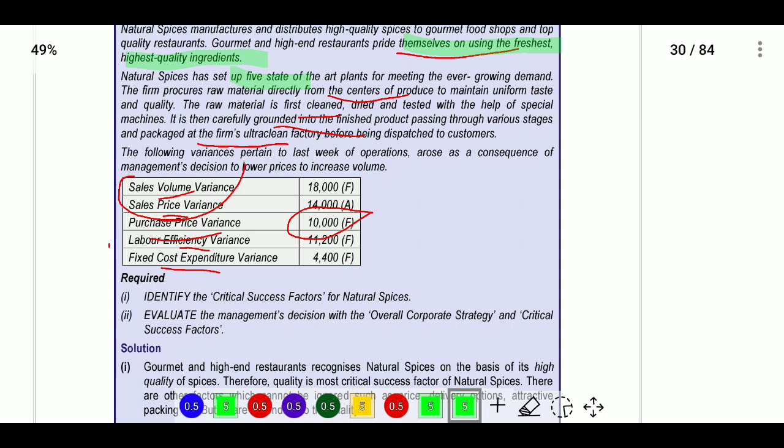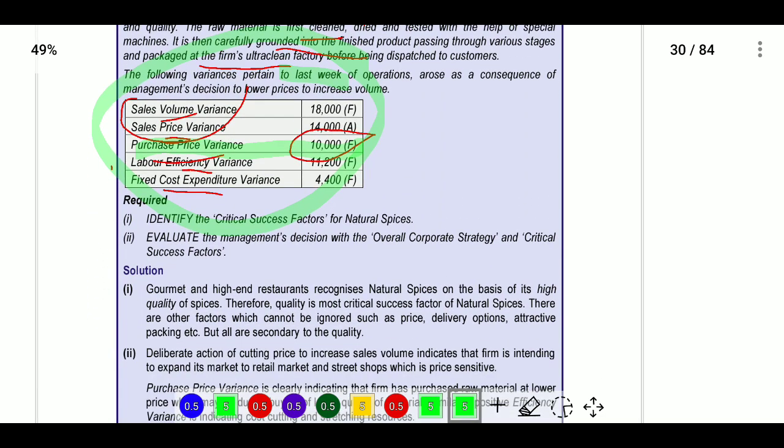Management is monitoring trend variances on a regular basis, because the information provided here is only for last week, not last month or last year. They must take appropriate action when there is a permanent decline in quality. Here quality is not meeting requirements because the purchase price variance is favorable to them, and if customer feedback is better, then the management decision will be good.